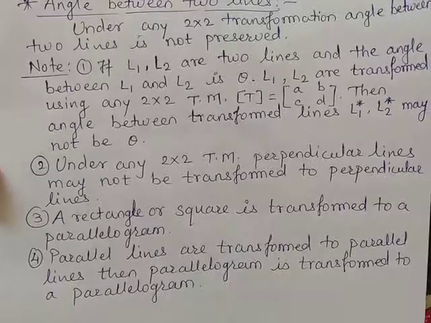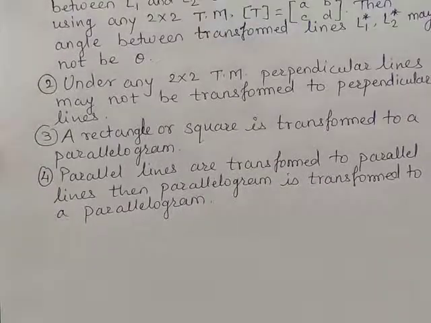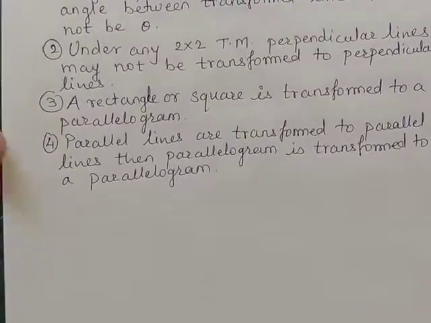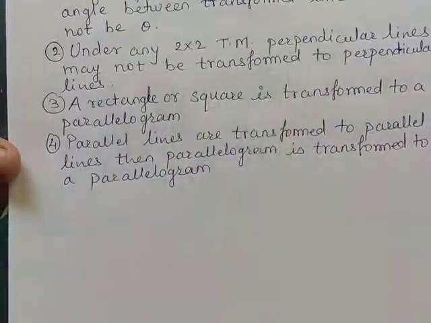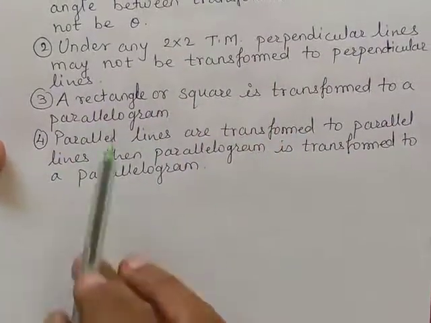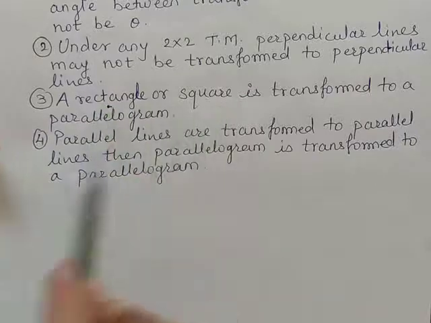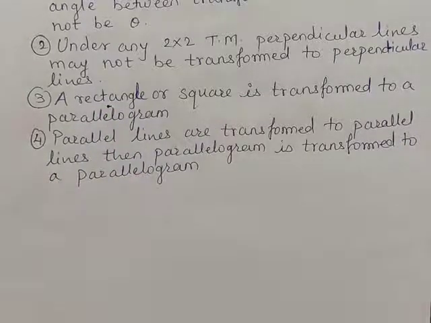Okay, now let's take an example to prove this. The perpendicular lines may not be transformed to perpendicular lines. Then this one also, a rectangle and square will transform to a parallelogram.